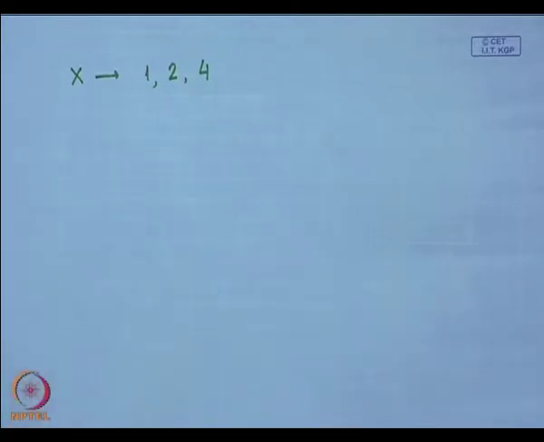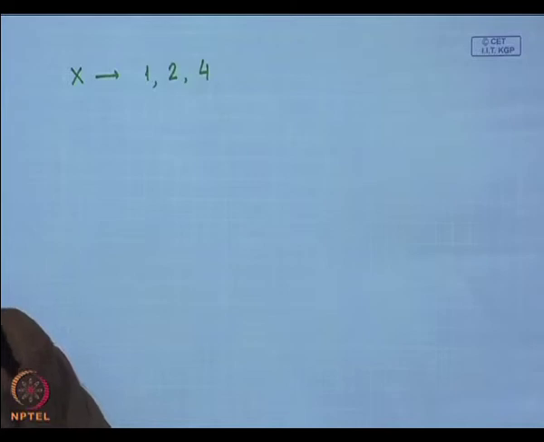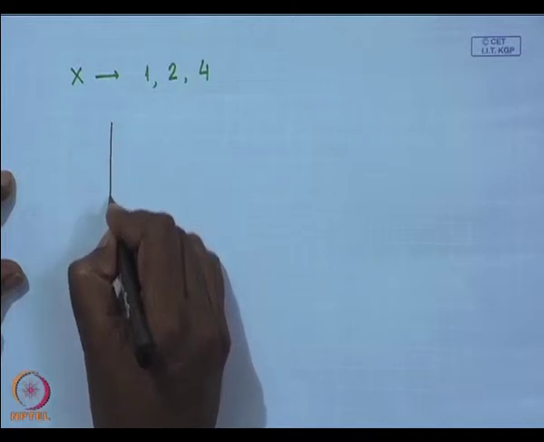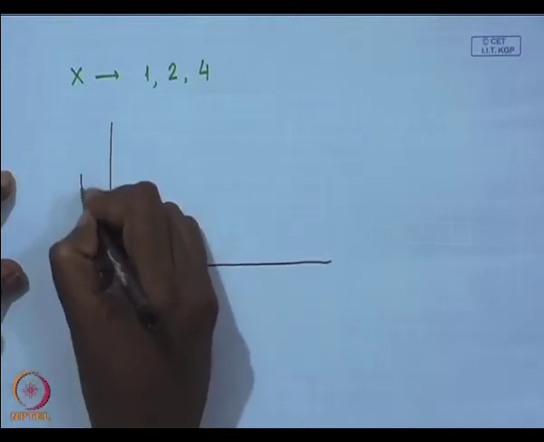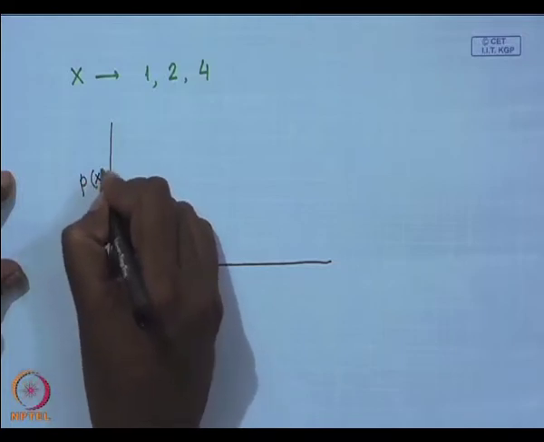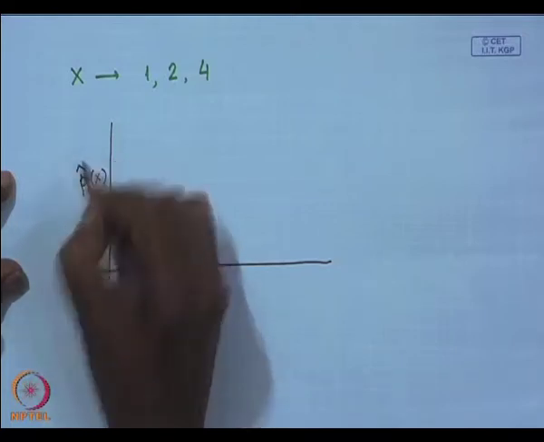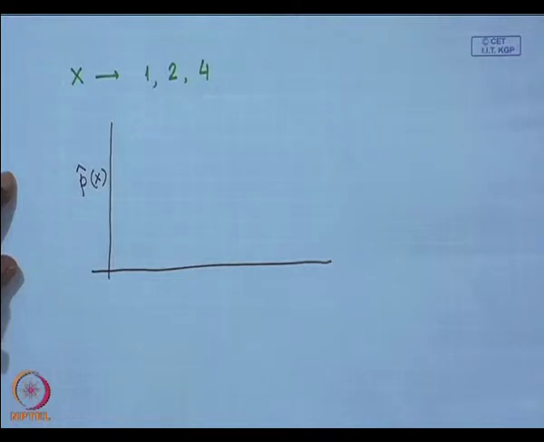So, what I will do is, I will first use this rectangular window and see how this probability density can be estimated using the rectangular window. So, I will plot the estimated probability density P of x, and because it is estimation, instead of writing P of x, I will write P hat x, because I exactly do not know what P of x is.